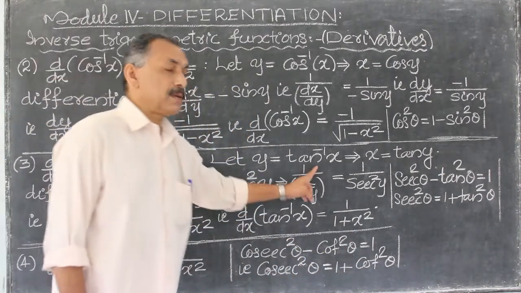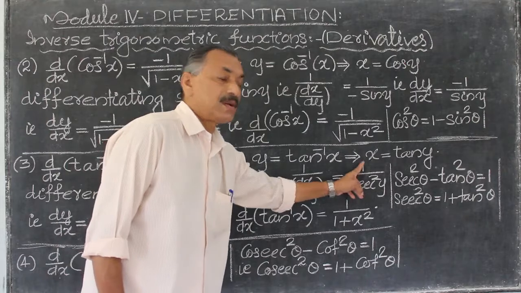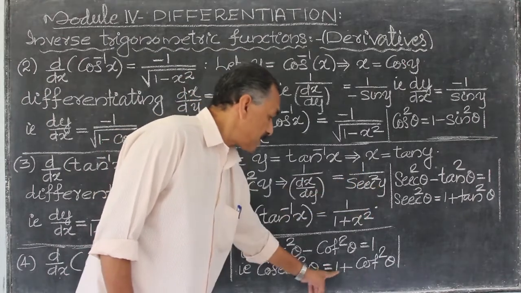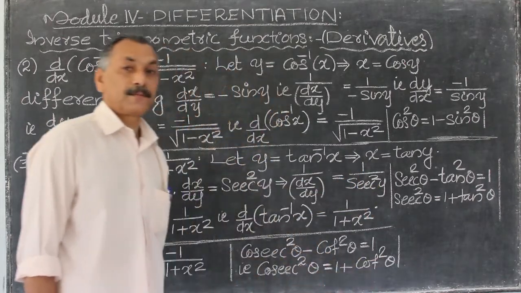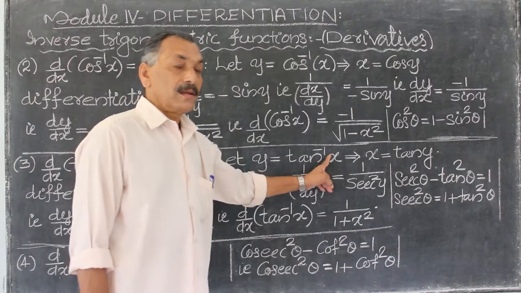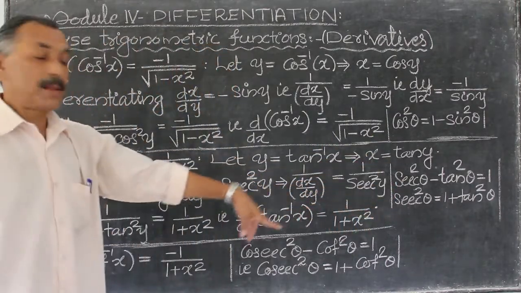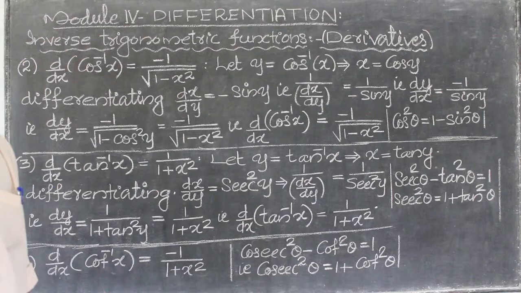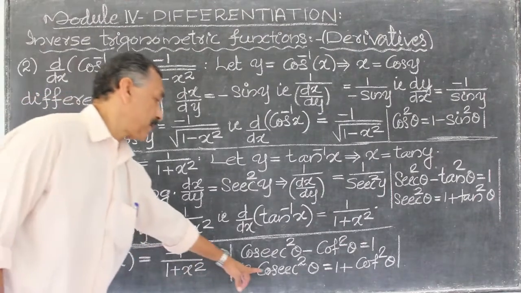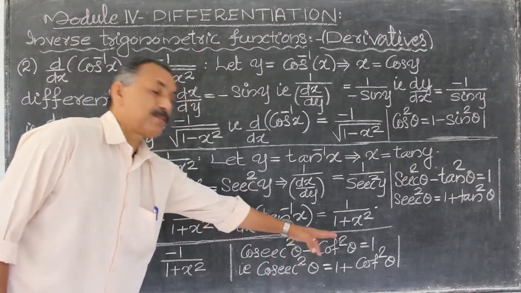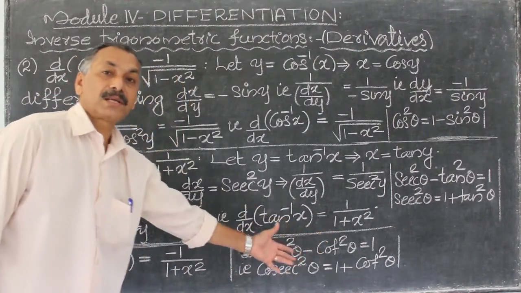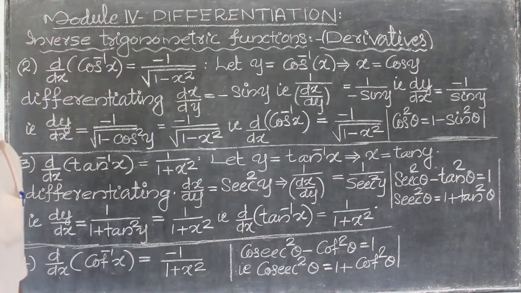Then dy by dx is equal to minus 1 divided by cosecant square y, which is minus 1 divided by 1 plus cot square y. Since cot inverse y is x, that is cot y is equal to x, so it is minus 1 divided by 1 plus x square.